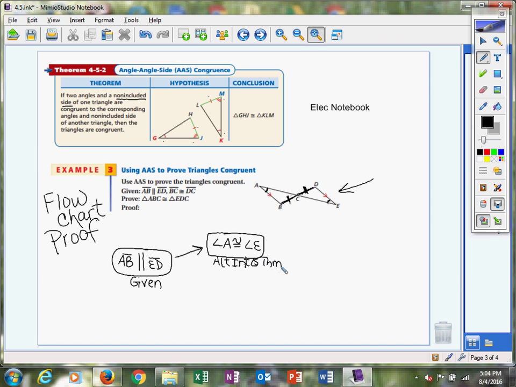Okay? Now, because of those parallel lines, you can do it again with B and D. So why are angles B and D congruent? And again, that would be because of the alternate interior angles theorem.